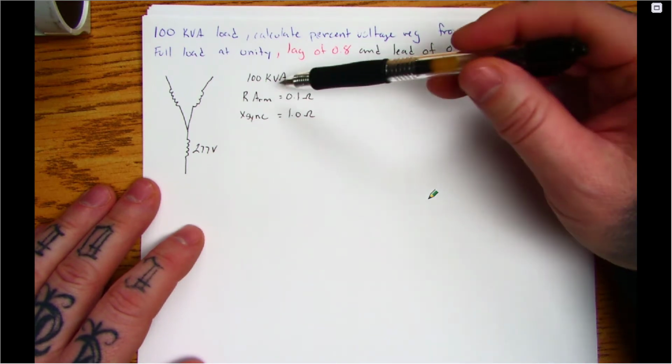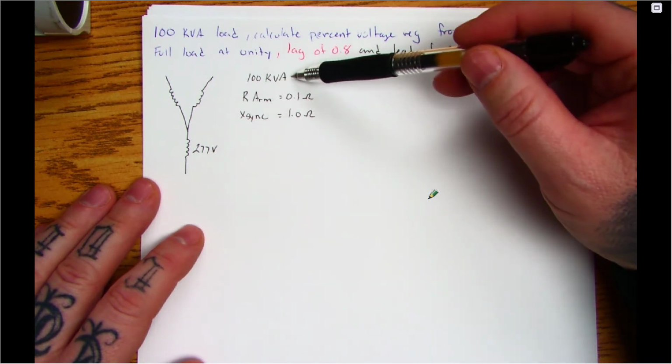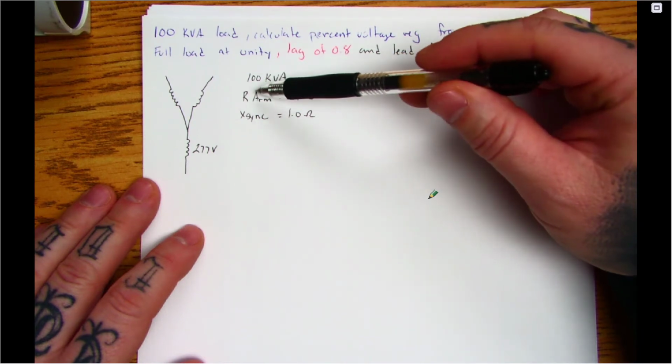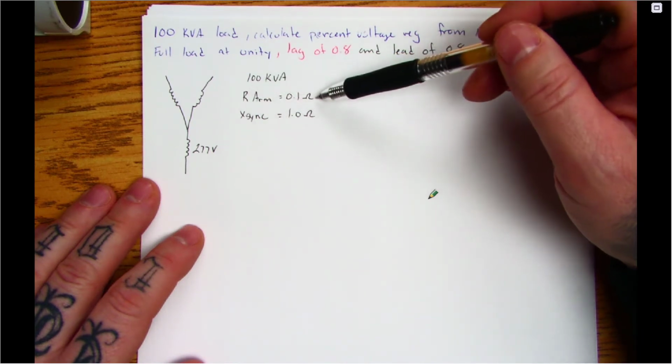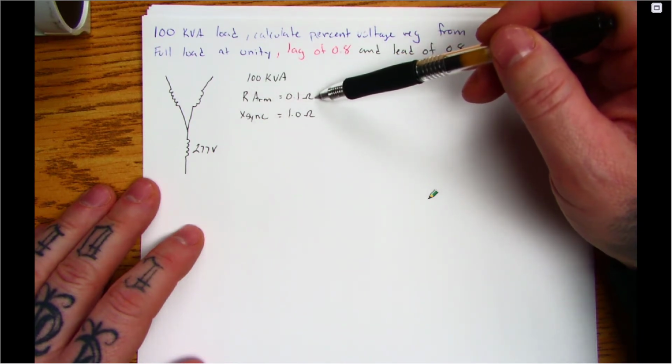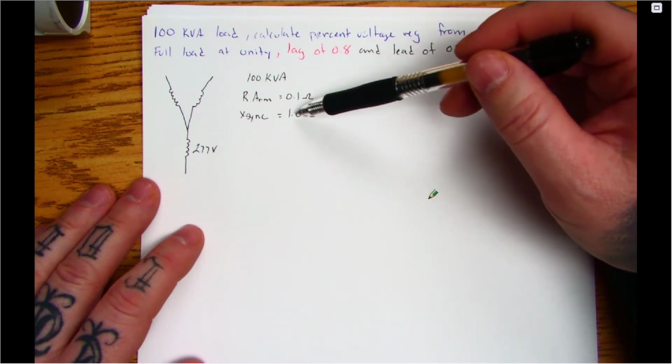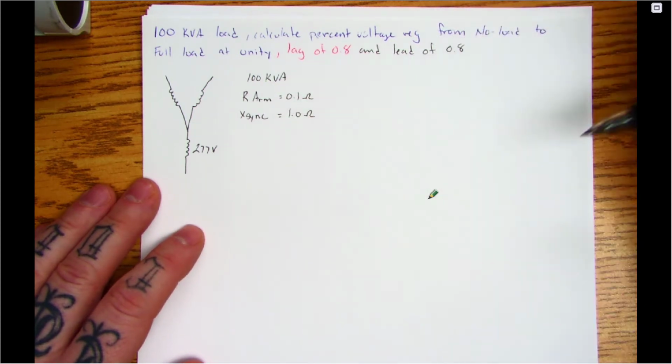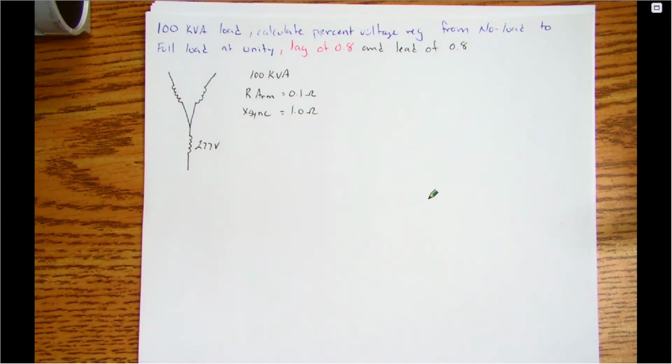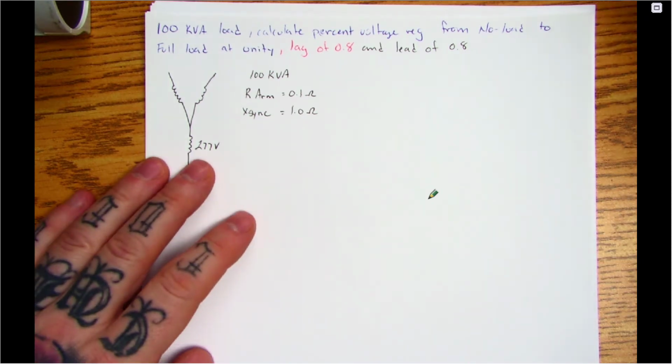They told us that it's a 100 kVA machine. The resistance of the armature winding is 0.1 ohms. The X sync is 1.0 ohms. So the first thing we have to do, if we want to find out how load is affecting it, is find the current of the load.